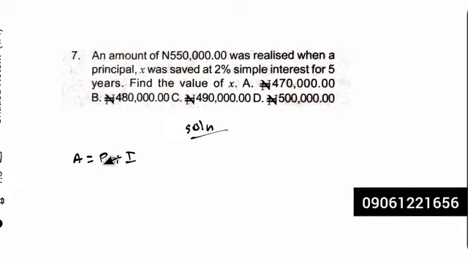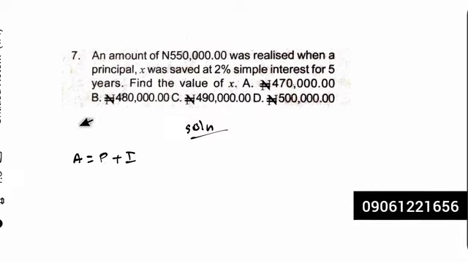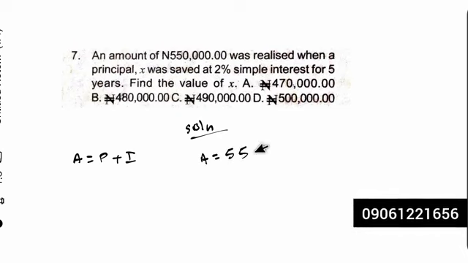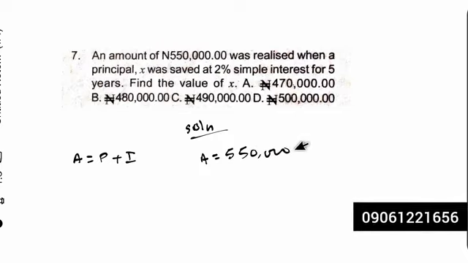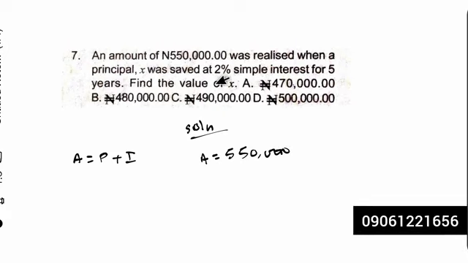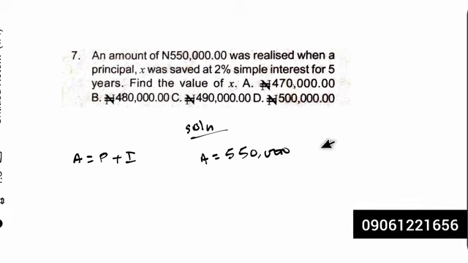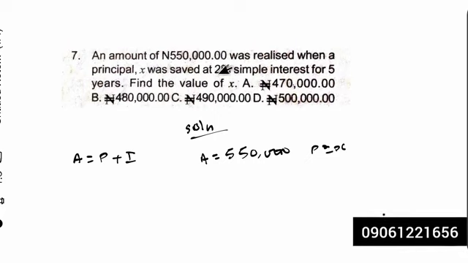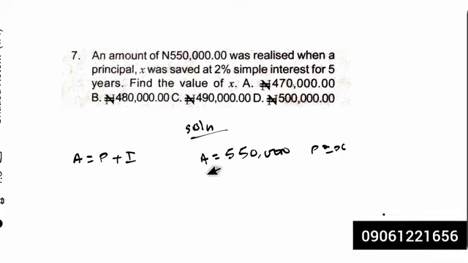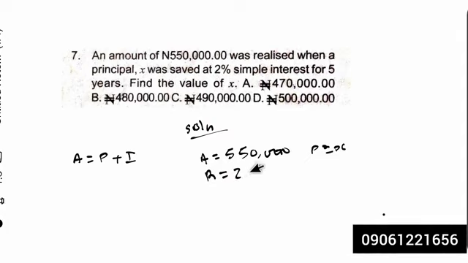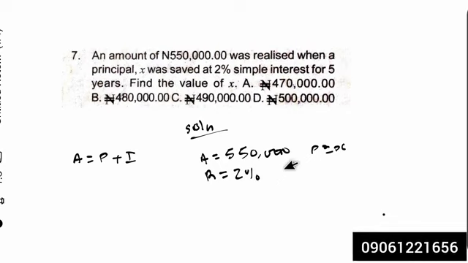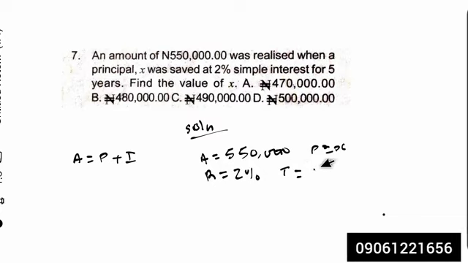Now, amount is given as 550,000, and the principal is given as S. The rate is equal to 2%, and the time, the period, is 5 years.